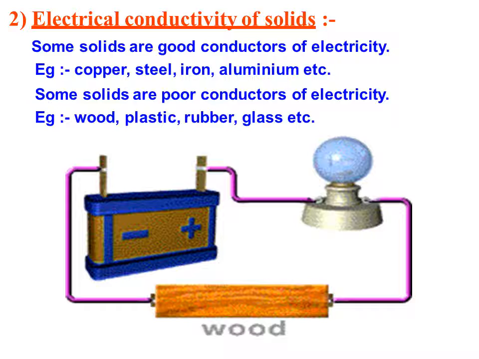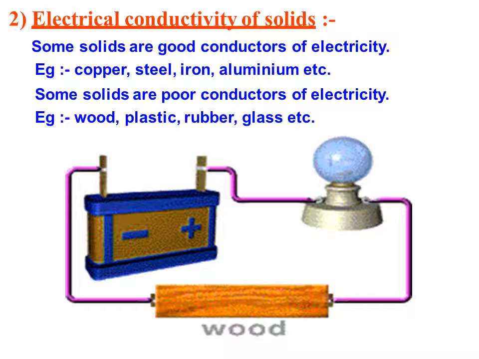So we have an example here. A battery is there and is attached with wood, and the other end of the battery is attached with a bulb. So due to this wood, the electric current is not flowing.